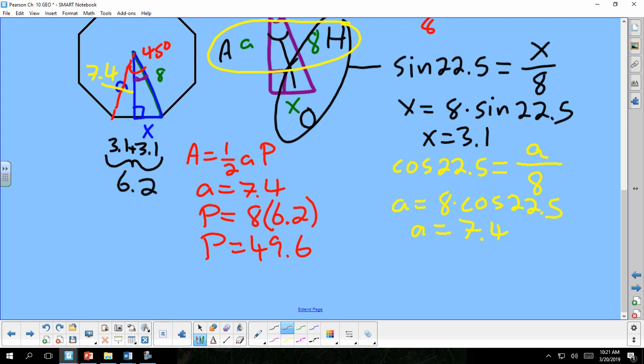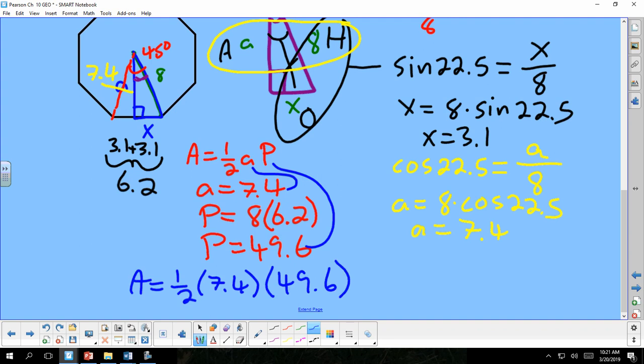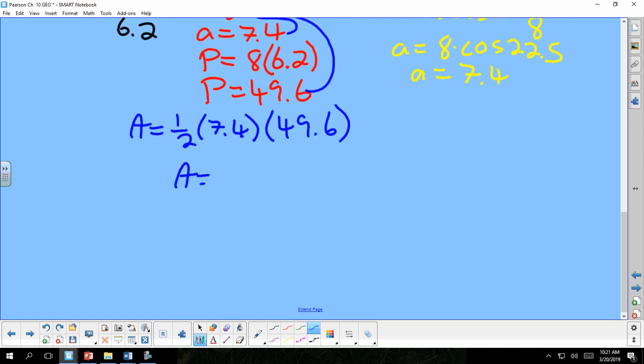So again, plug that in there, and we can find the area. 1/2, 7.4 times 49.6. And I get an area of 183.52 inches squared.